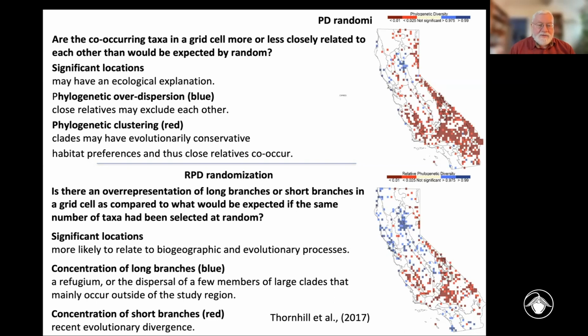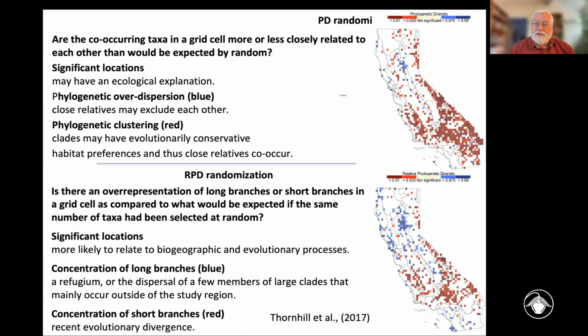But the places with a concentration of long branches could very well be a climatic refugium of some sort, where lineages have accumulated over time. And so you get a lot of long branches in there. So maybe coast redwood forest would be an example of a place where you see high RPD. And then short branches in this case are places where there's likely to have been recent diversification.